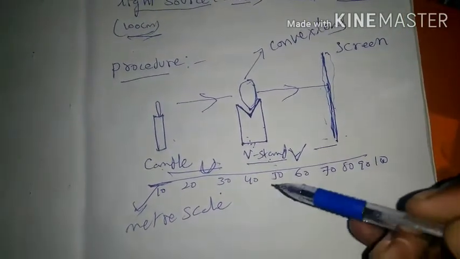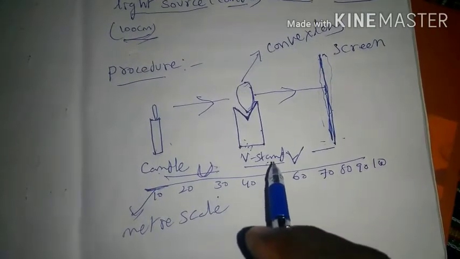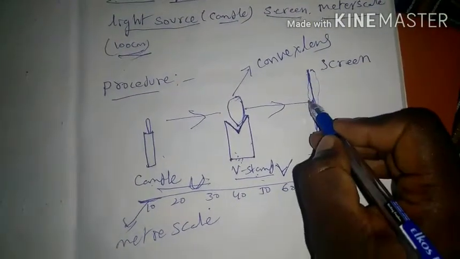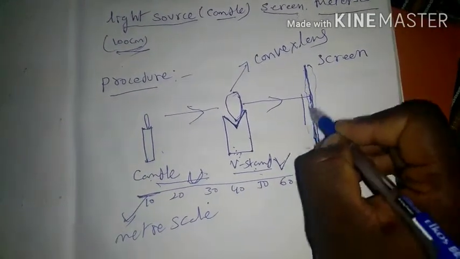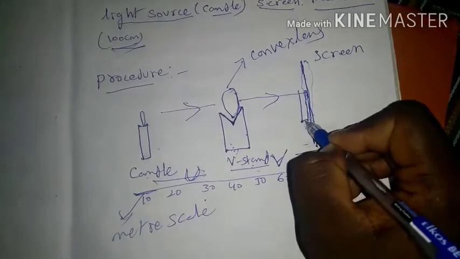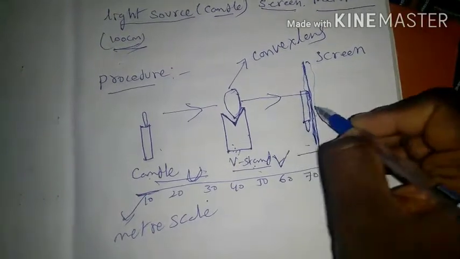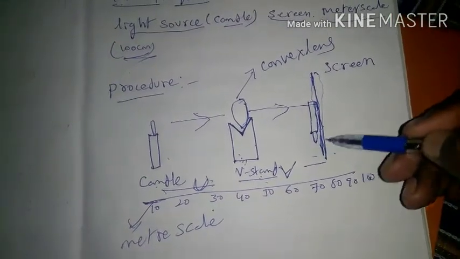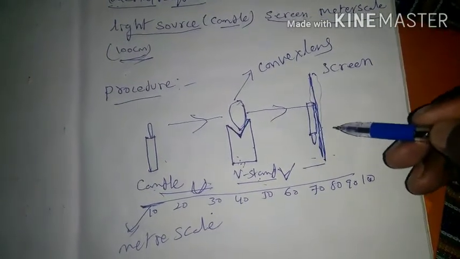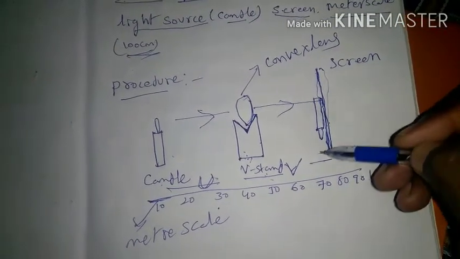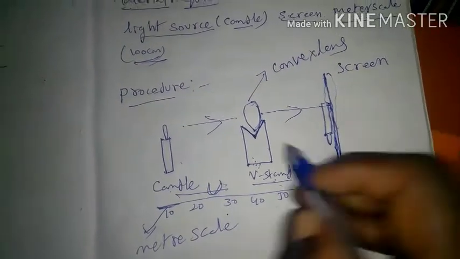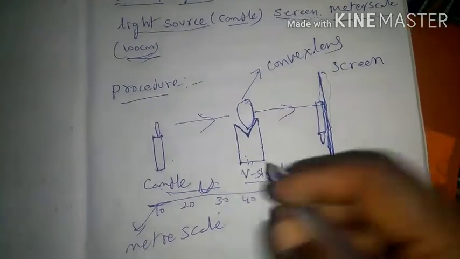Try to get an image of the candle flame on the other side, on the screen. This is an inverted image. Okay, clear image. Measure the image distance V from the lens and record the values of U and V in a table.